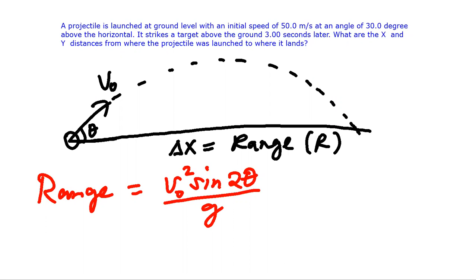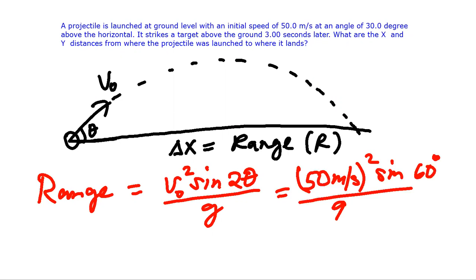So this is 50 meters per second, squared, sine of 2 times 30, which is 60 degrees, divided by 9.8 meters per second squared. And this will give you 221 meters.